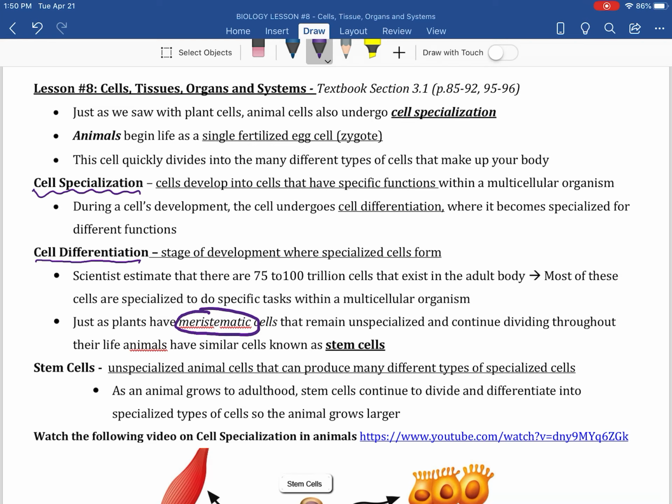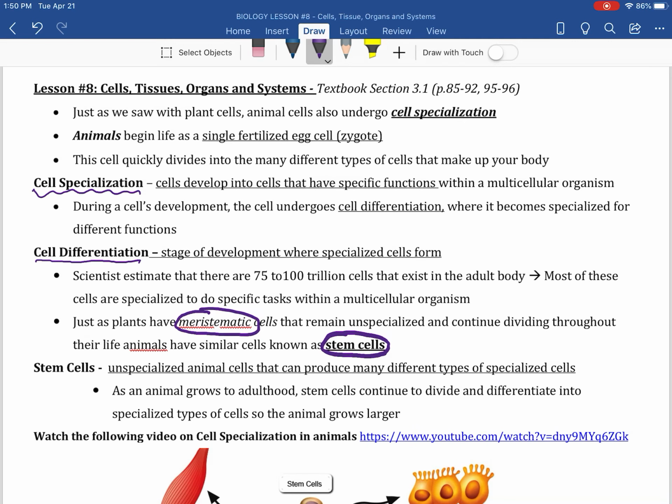In animals, which we are, by the way, those cells that are unspecialized are called stem cells. And you've probably heard that term before. But keep in mind, meristematic cells for plants, stem cells for animals.